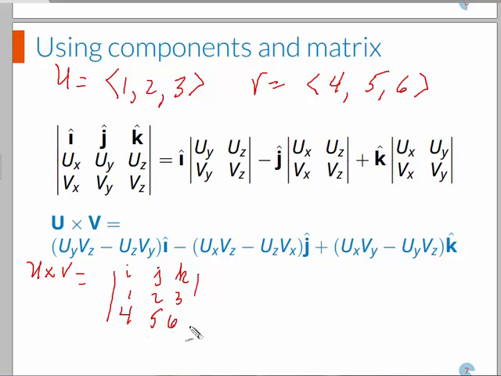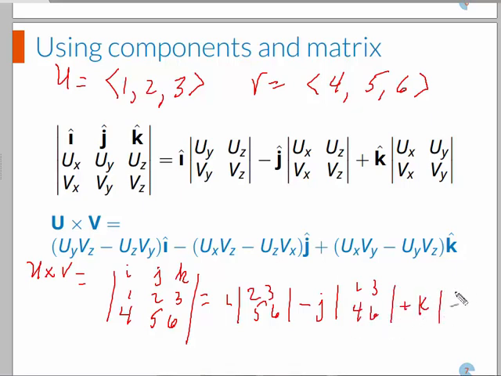And I take the determinant using these cofactors. So first I will have the I, and then I have another matrix, which will be 2, 3, 5, and 6, minus J, another cofactor matrix, 1, 3, 4, and 6. And then, of course, the K term, 1, 2, 4, 5.